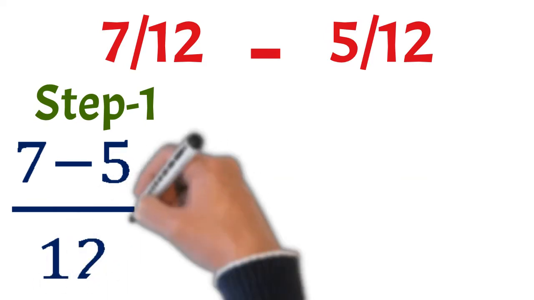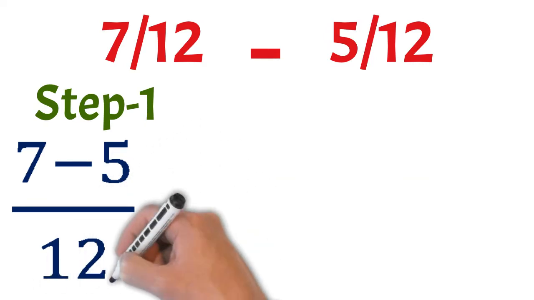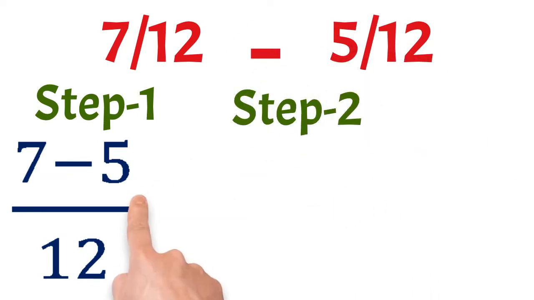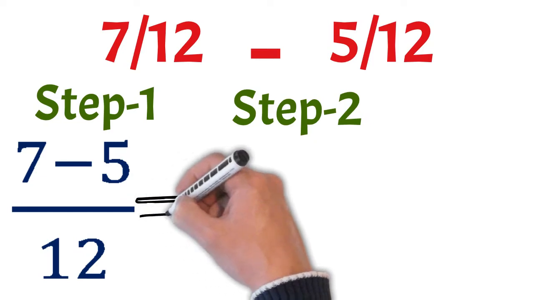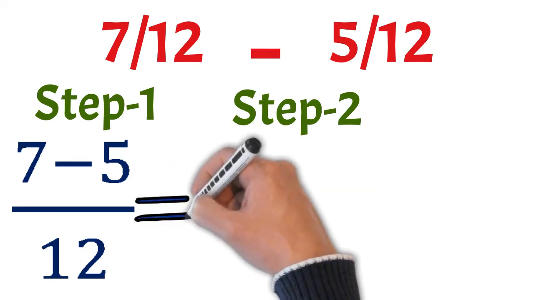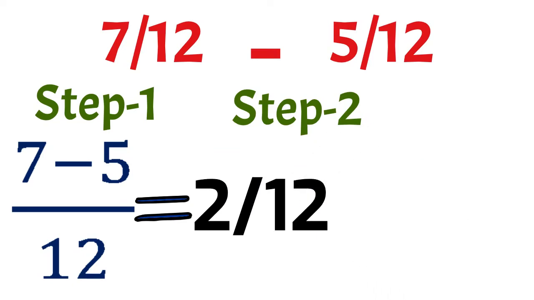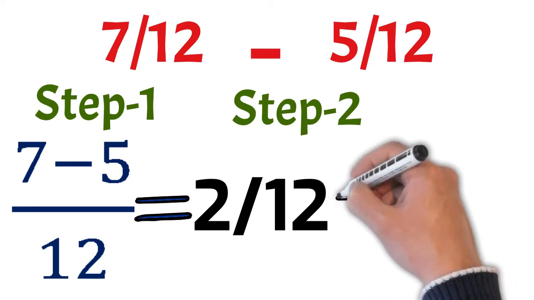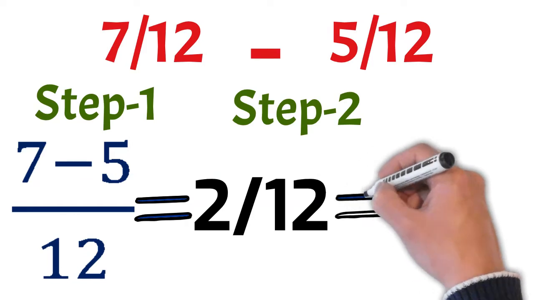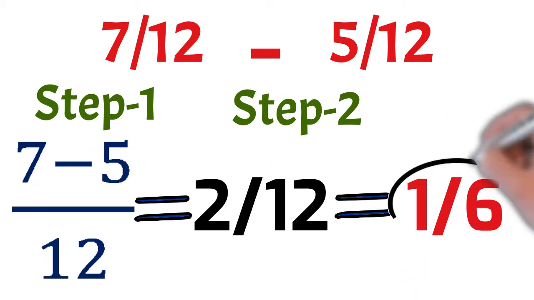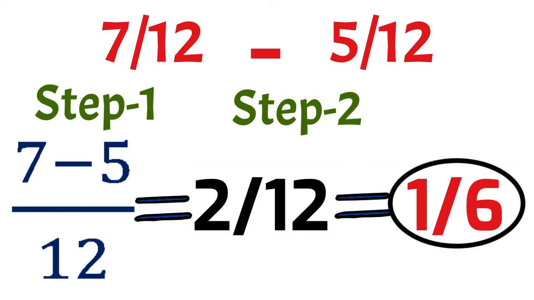That is 7 minus 5 divided by 12. In step 2, we get the difference between them, and the denominator remains the same, and thus we get 2 by 12. Converting it to its simplest form, we get 1 by 6. Thus, 7 by 12 minus 5 by 12 equal to 1 by 6.